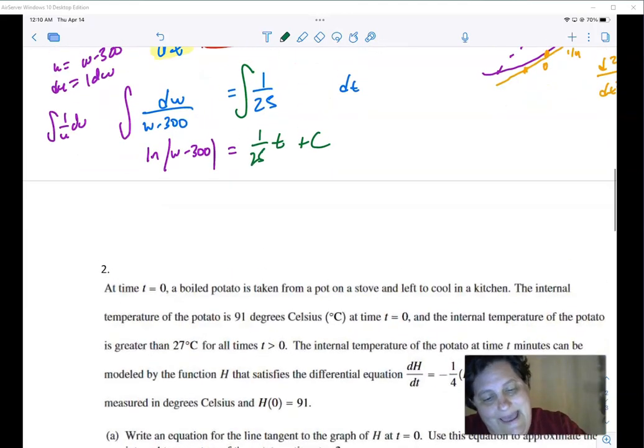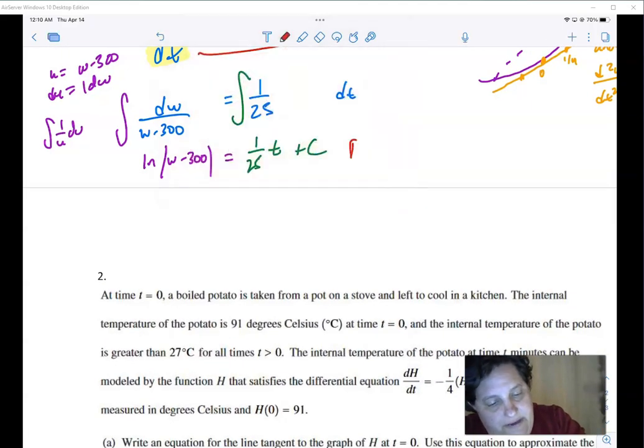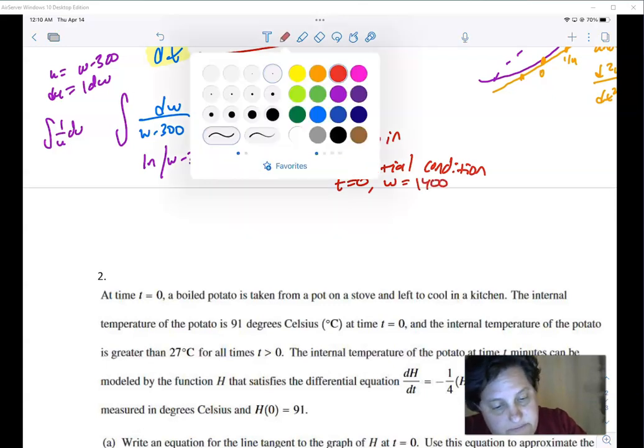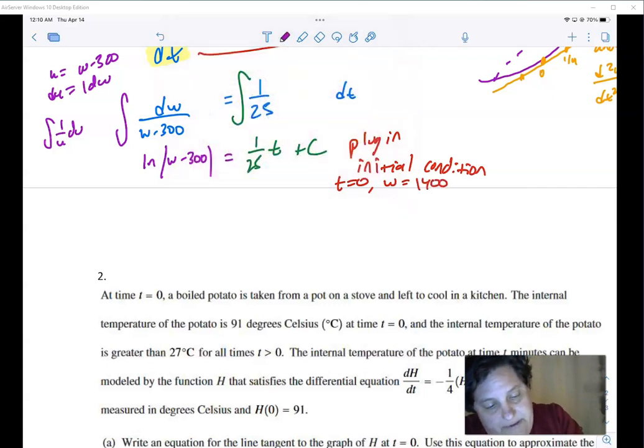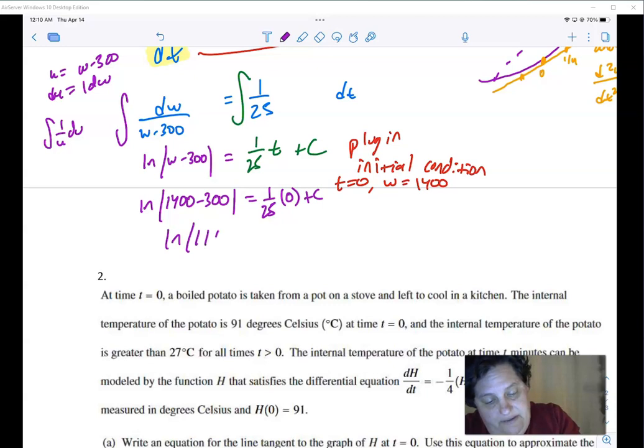All right. Next, we want to plug in the initial condition. Remember that the initial condition was at time 0, we had 1,400 tons of waste. So let's plug that in. The ln of 1,400 minus 300 equals 1 over 25 times 0 plus c. So that's the ln of 1,100 equals c.